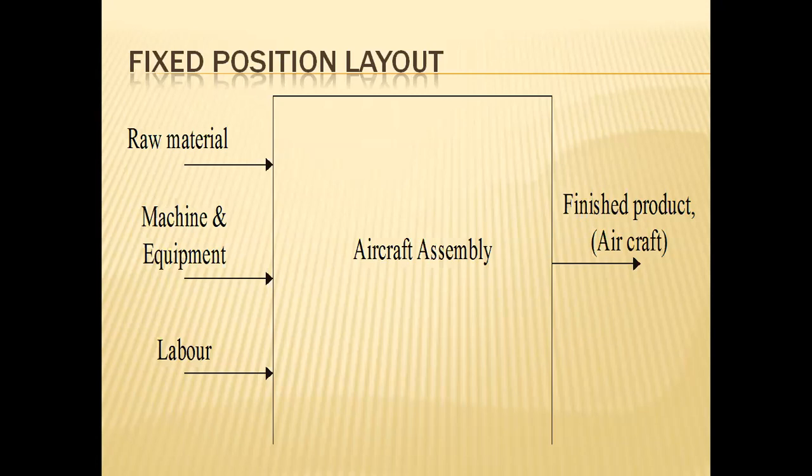The construction of buildings requires a fixed location layout because cement, sand, bricks, steel, and wood are taken to the site of the construction. This is equally true of bricklaying. Another example is that of a hospital, where doctors and nurses and medicines and other paraphernalia or materials are taken to the patient.